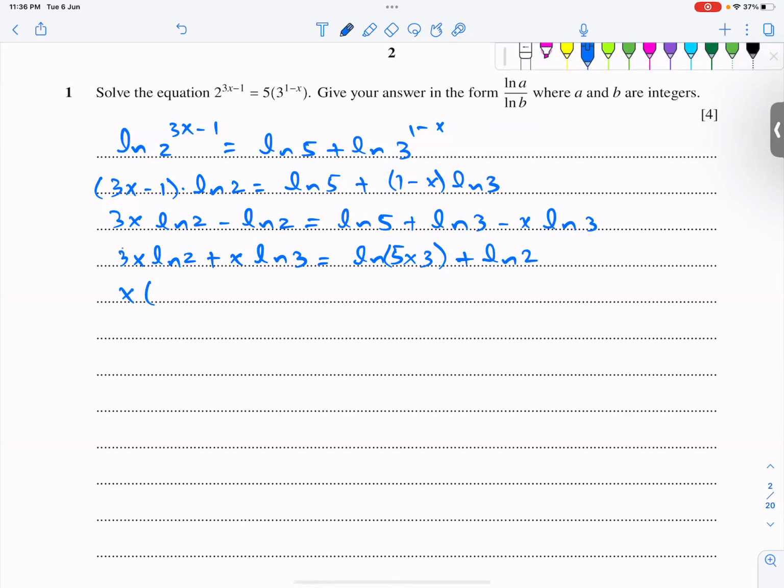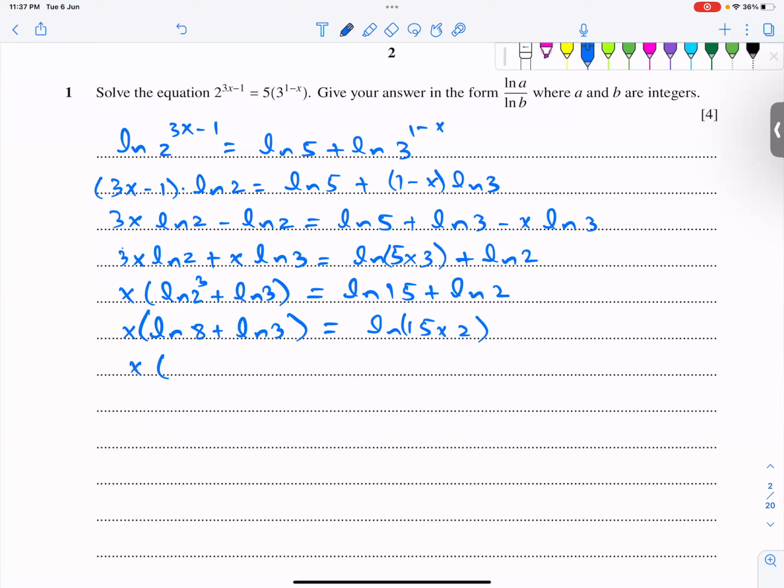So I can write 3 ln 2 using the properties of ln, plus ln of 3 is equal to ln 15 plus ln 2. So x times ln 2 to the power 3, which is 8, plus ln 3 is equal to ln 15 times 2.